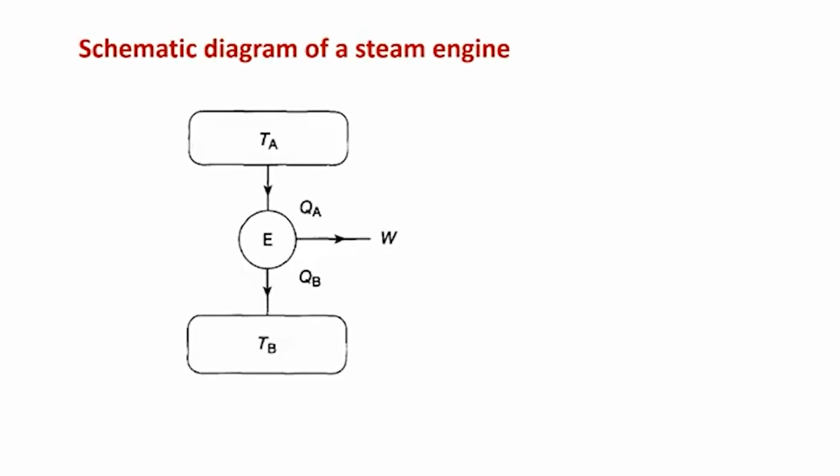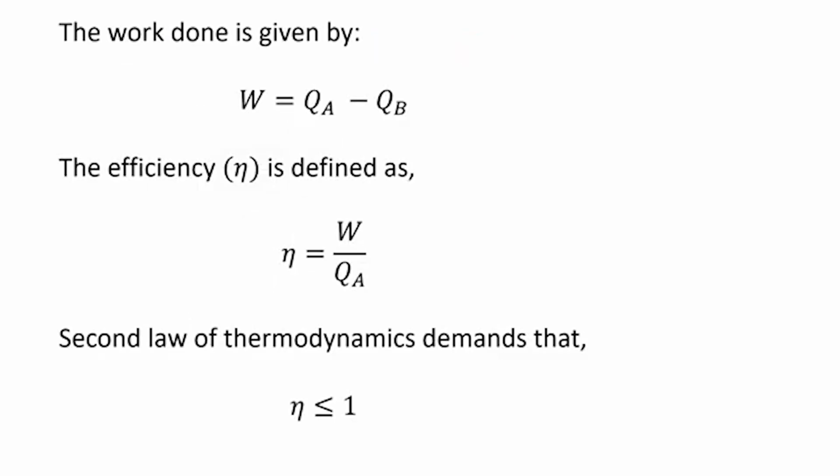So, Qa and Qb are indicated, which are respectively the heat taken from the bath at Ta and rejected to the bath at Tb. So, this is Qa minus Qb, and the way one defines the efficiency of this engine is the ratio of the work done divided by the input heat, that is Qa.